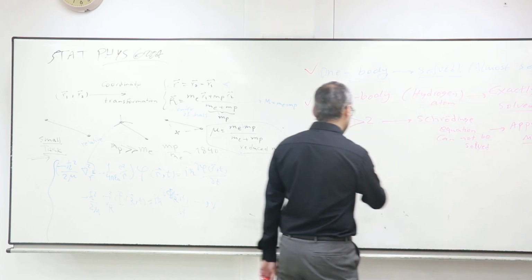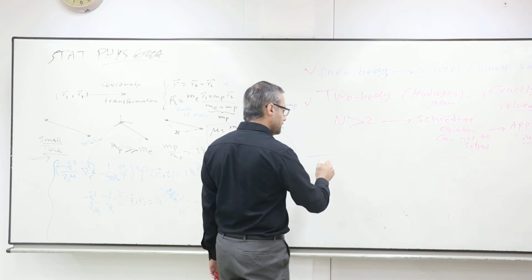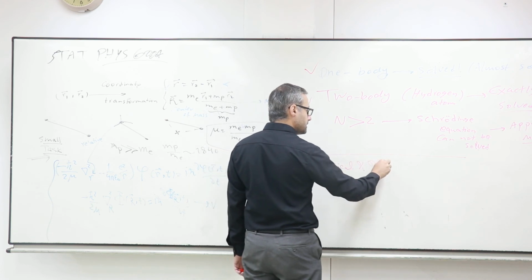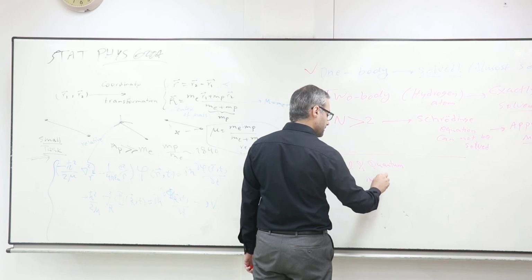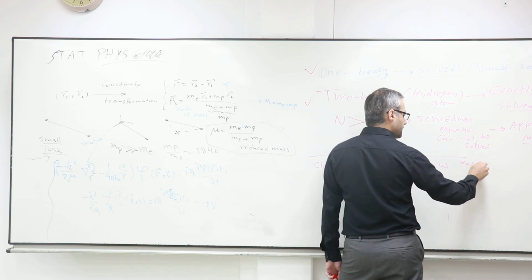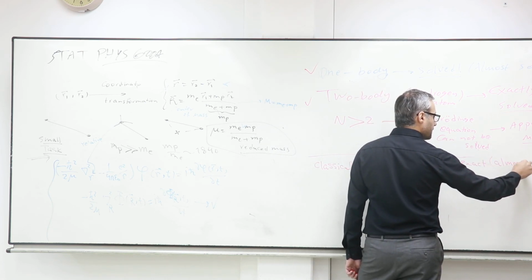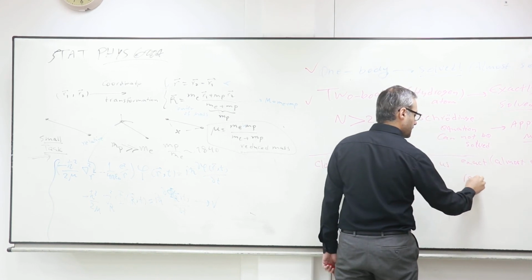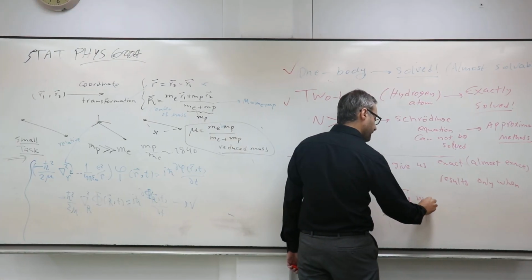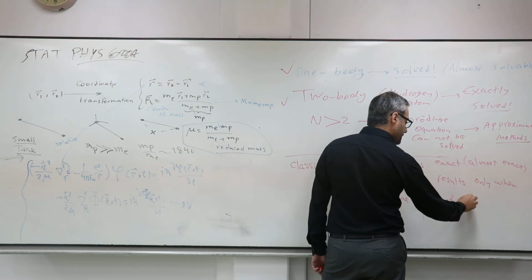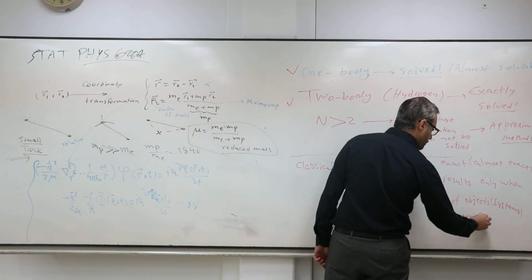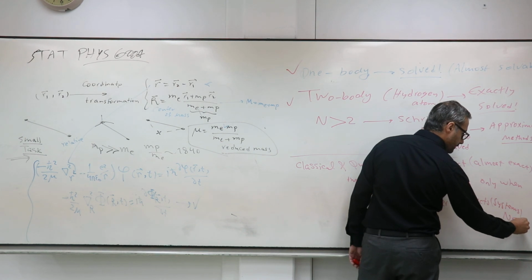Finally, from my whole talk, I can tell you that classical and quantum mechanics give us exact or almost exact results only when the number of objects or systems is few. Few means one or two.